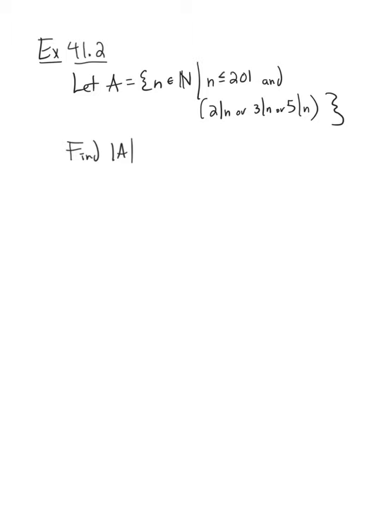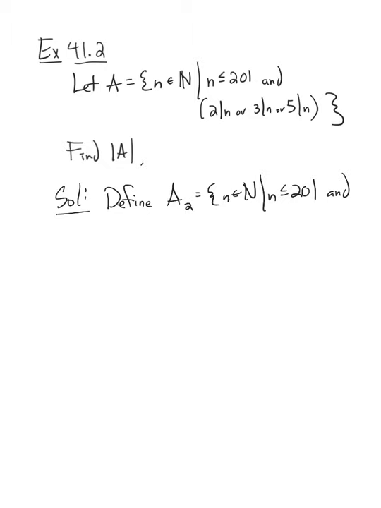That's fine. So let's define A2, which is the same thing. It's your natural numbers n such that n is at most 201, but all I care about is that 2 is a factor of n for A2, and then A3 is defined similarly.